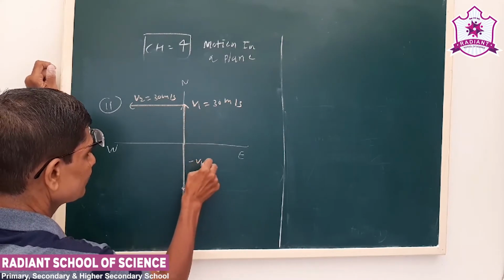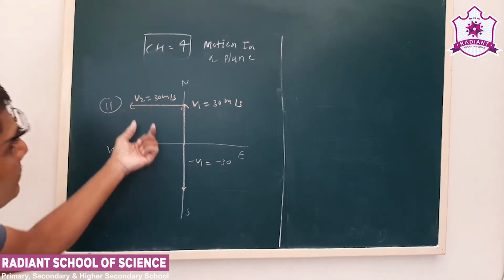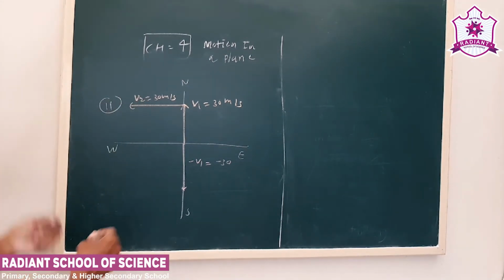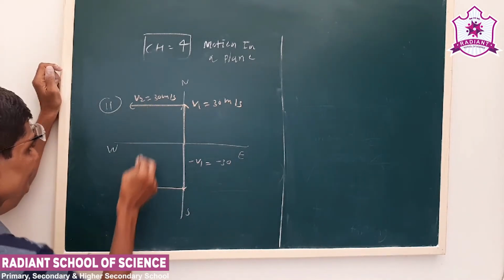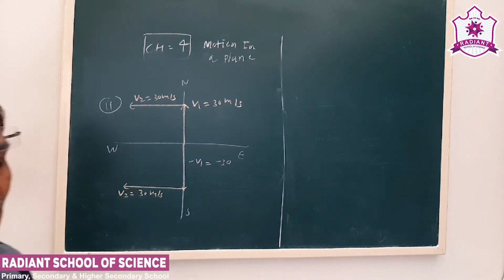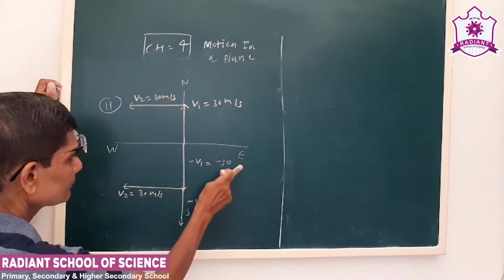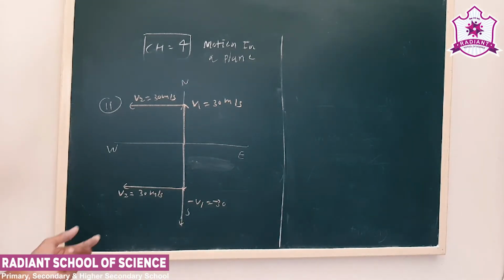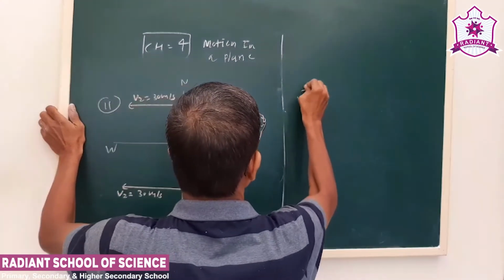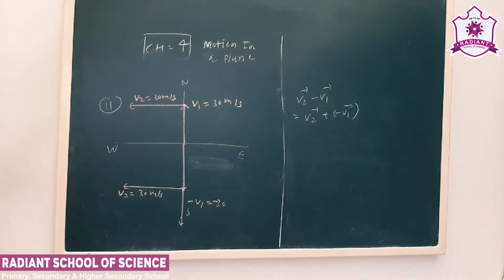We can consider this v2 here also, as I told you, the important use of vectors: they can be shifted by keeping their magnitude and direction the same. Now v1 we can consider here also, minus v1. Now v2 minus v1, that is our addition of vectors.